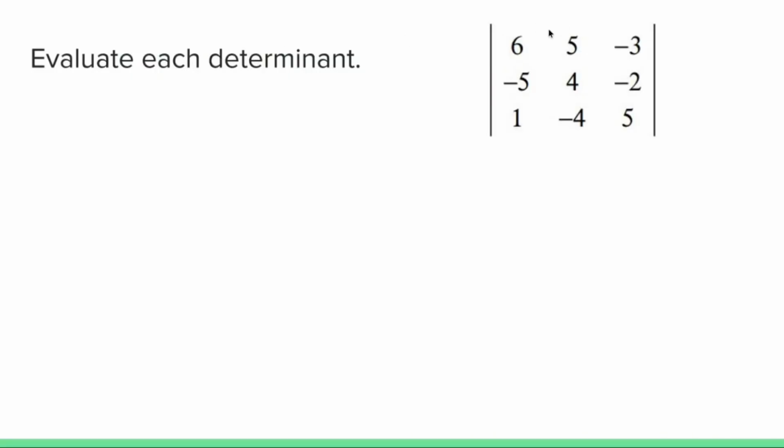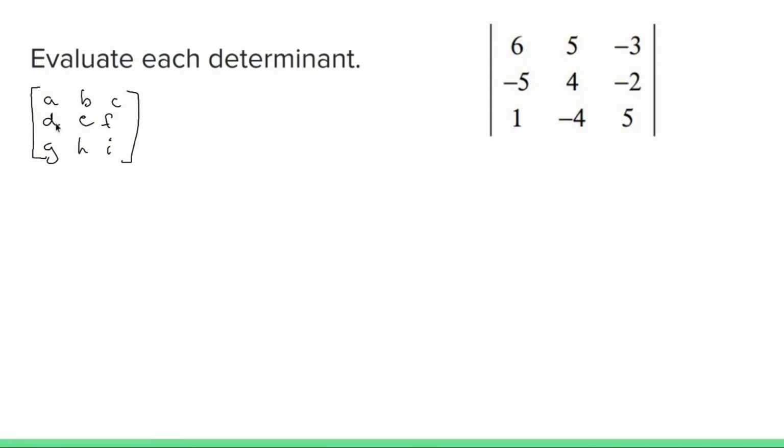Evaluate the determinant of a 3 by 3 matrix. Let's write out a 3 by 3 in its letter form to make life easy for us. G-H-I. All right. This is going to be weird, so bear with me. What you're going to do to find the determinant of a matrix is you're going to take the first column and then the second column and then the third column.